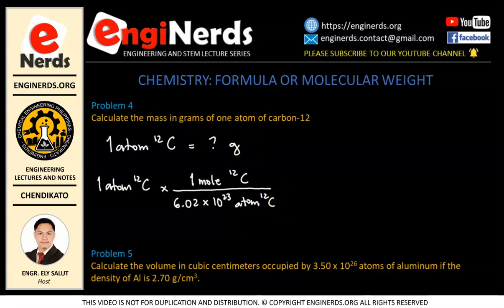So from here you can easily see that the atoms of carbon-12 will be cancelled out because we have 1 in the numerator and 1 in the denominator.